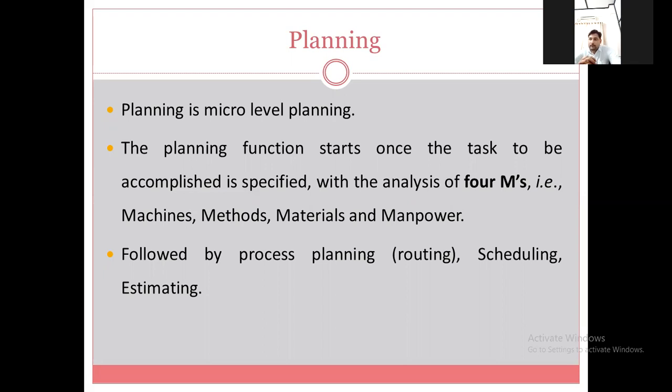These are the 4 M's in any industry: machines, methods, materials and manpower.